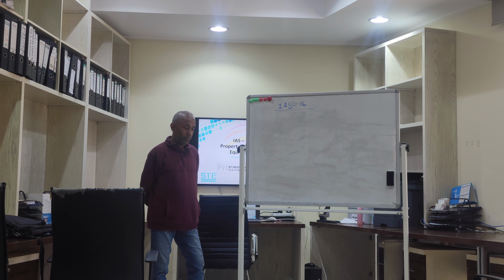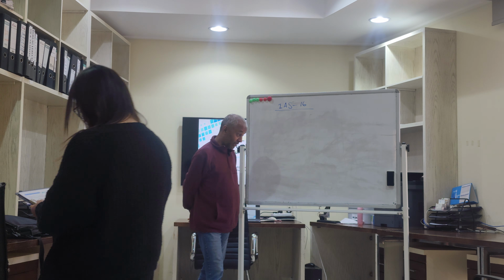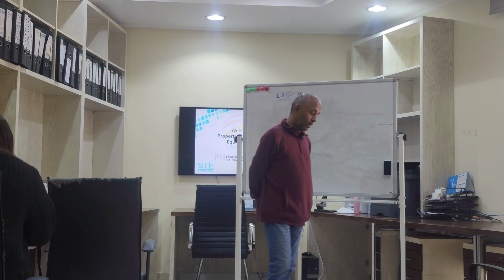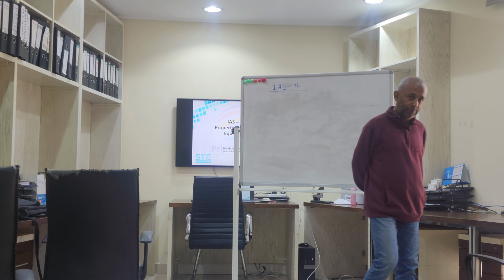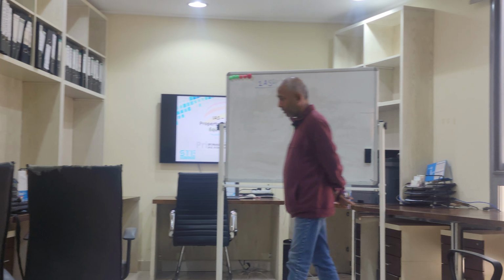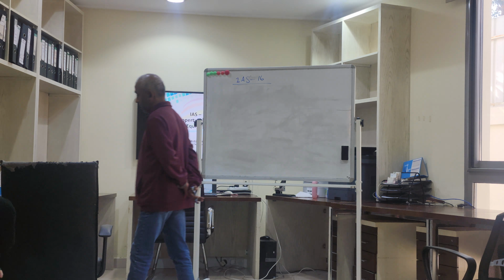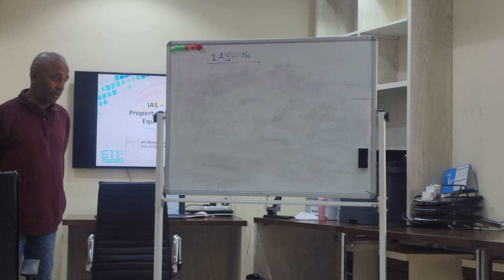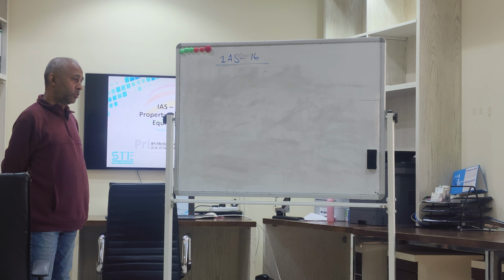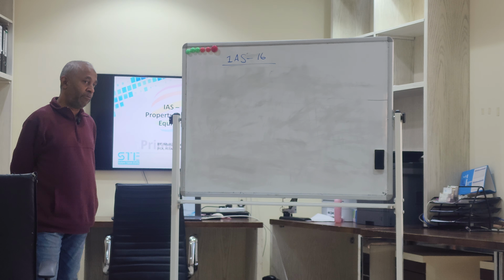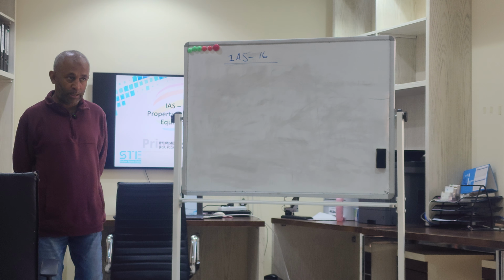Depreciation. We also understood what is property, plant and equipment, how I recognize property, plant and equipment, and what you mean by subsequent expenditure. And we also understood what is depreciation, what are the methods in which the depreciation can be calculated.